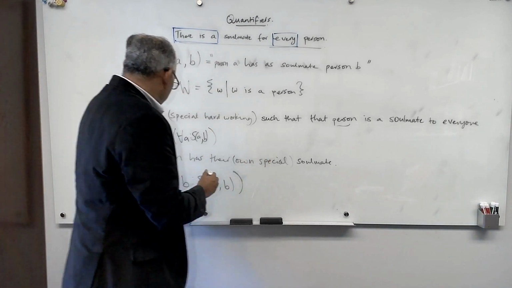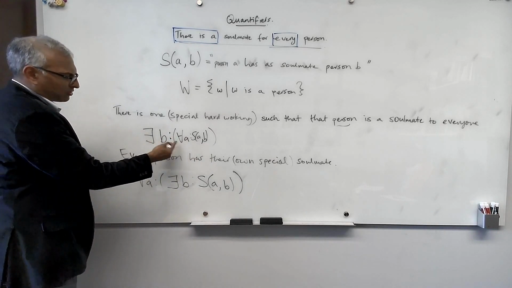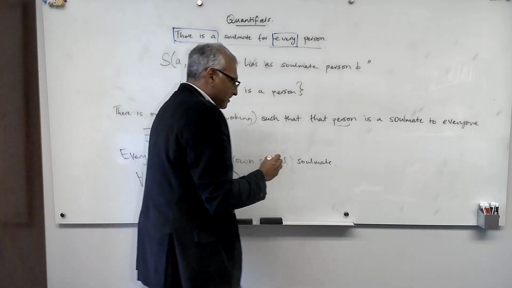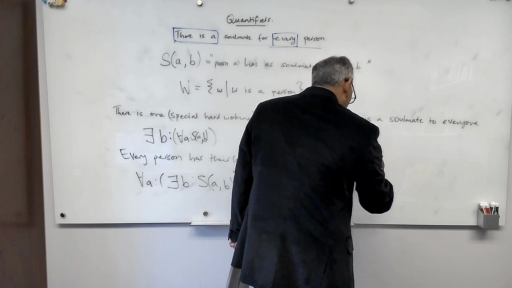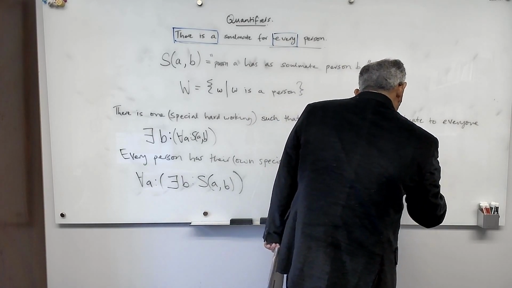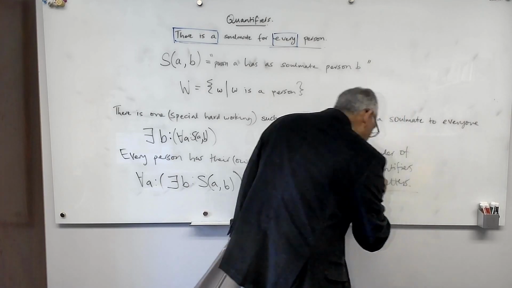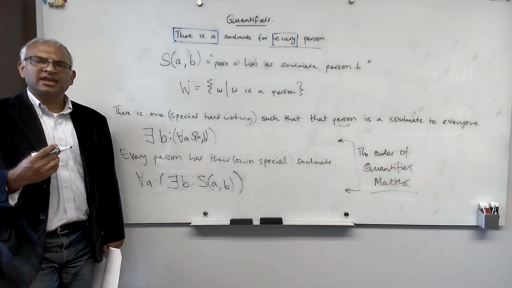This is an example of what we call a statement that has mixed quantifiers, because it has both kinds of quantifiers. Whenever you have mixed quantifiers, the order of quantifiers matters. And that's basically the end of this lecture.